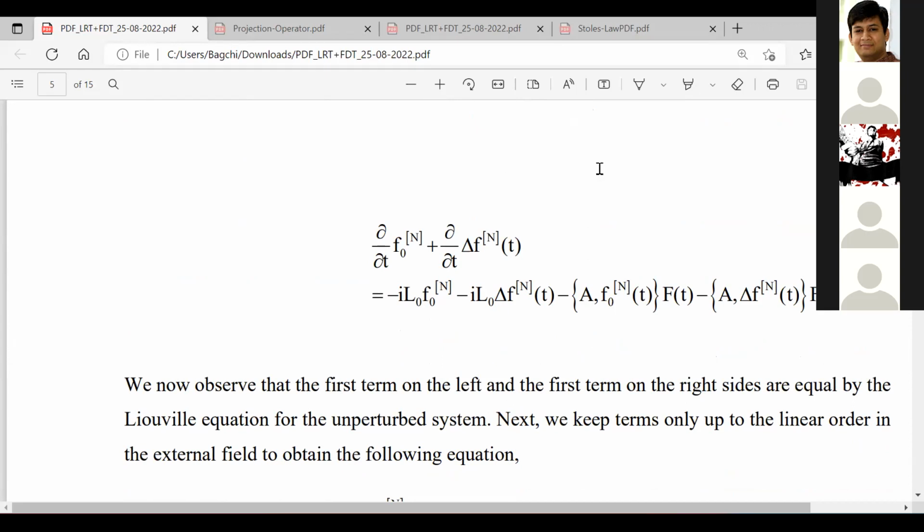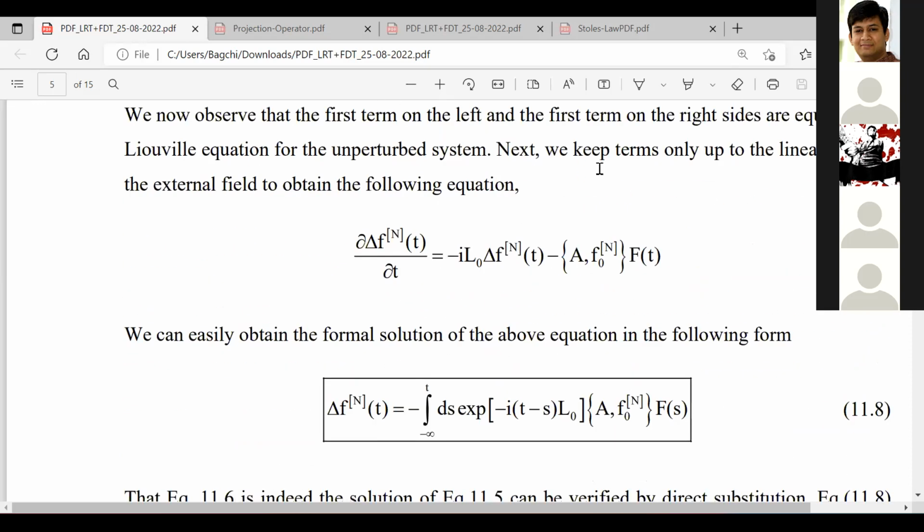Then I have left on the left hand side d dt delta f_n. On the right hand side, the last term has 2 terms linear in there. One is delta f, which is linear, and F itself. So that is the nonlinear term, so I neglect that. So I have now 2 terms left: iL naught delta f_n and A f naught F. Okay, so this is the equation now after linearization. This is where linearization comes.